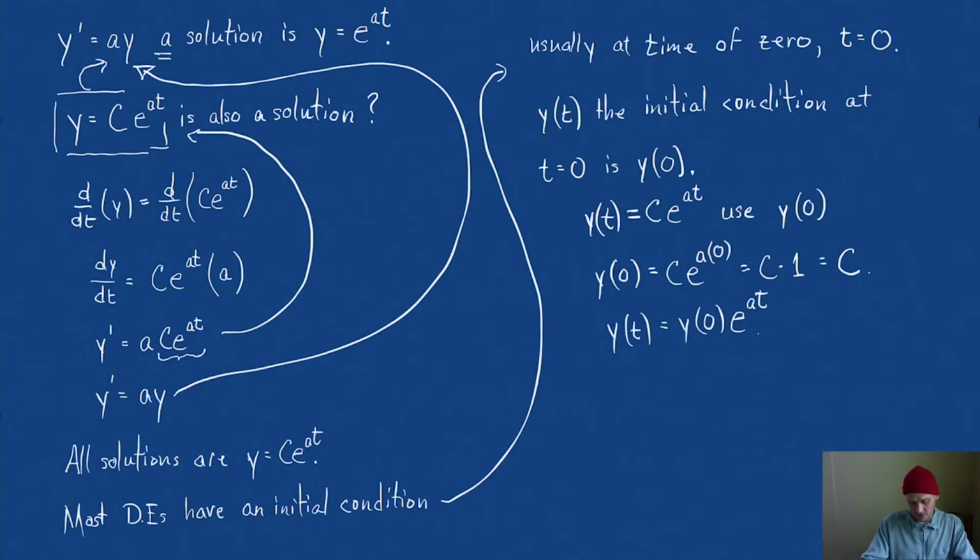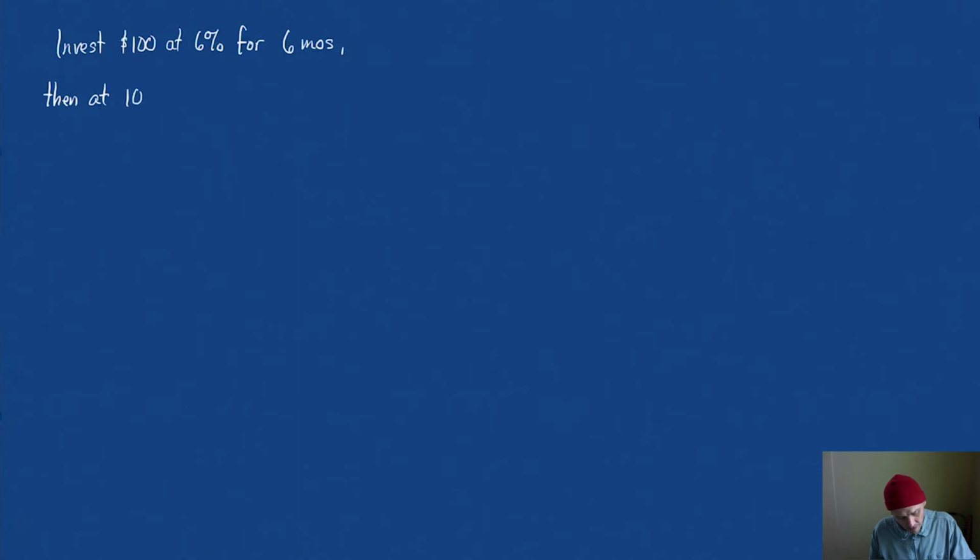Now, let's use this as an example. And that's what I want to do now. So we're going to do this. Invest $100 at 6% for 6 months. Then at 10% for the next 6 months.